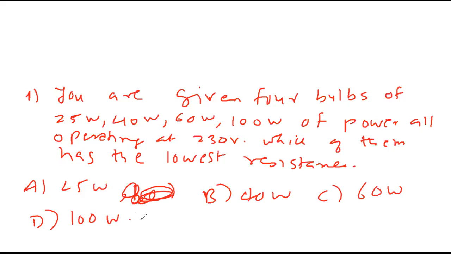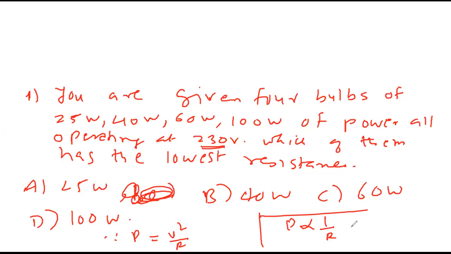Do you know the power formula in voltage and resistance? Power is V square upon R. Here V is constant for all. Can I say P is proportional to 1 by R?